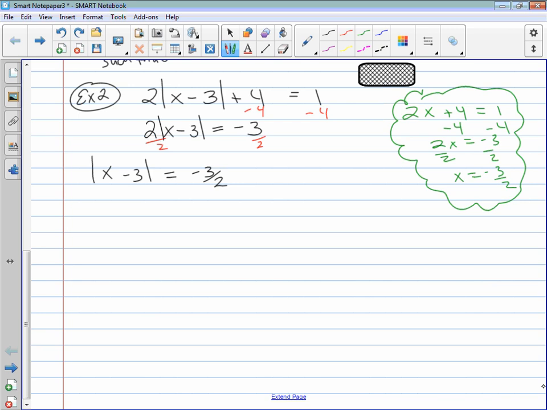So the answer to this problem is that there is no solution. Here's what I would write to yourselves: absolute value cannot equal a negative. So this one is actually a little easier than the last problem because you don't need to go any further.